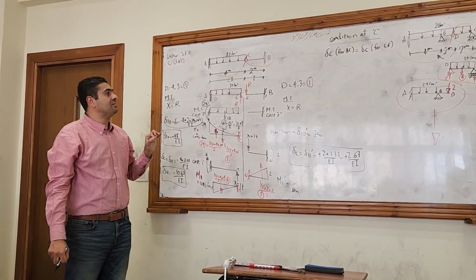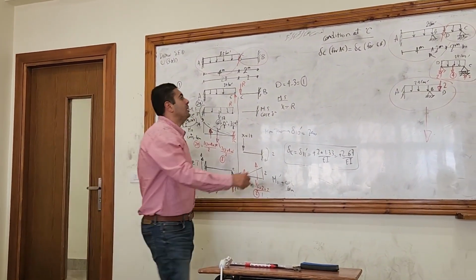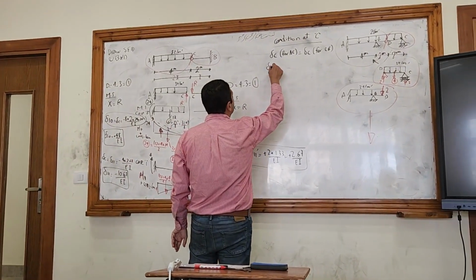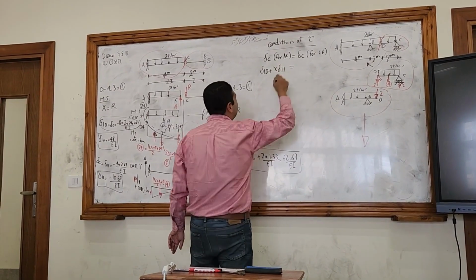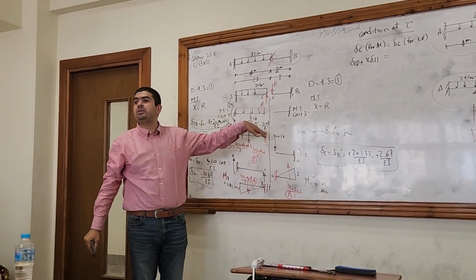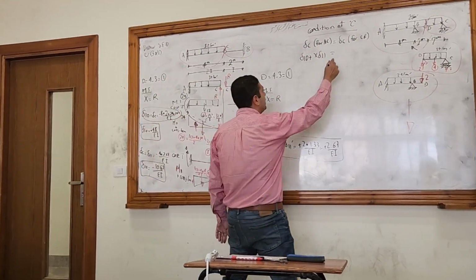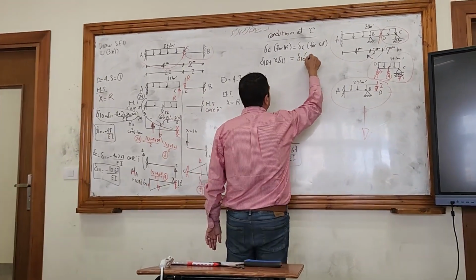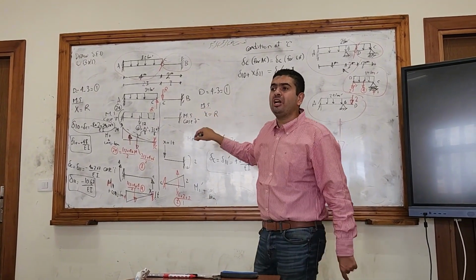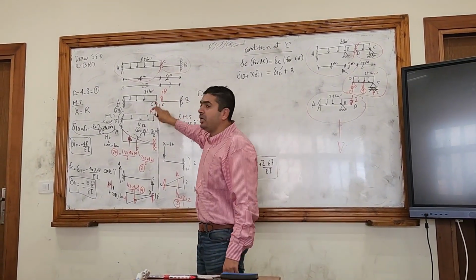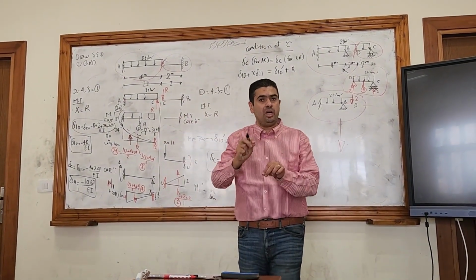What is the delta C for AC? It's delta 1 node plus x delta 1 1. What about the delta C for the right part BC? It is delta 1 node dash plus x. Yeah, the same x. It's not x1 and x2 because it's the same redundant R. They are equal, right?